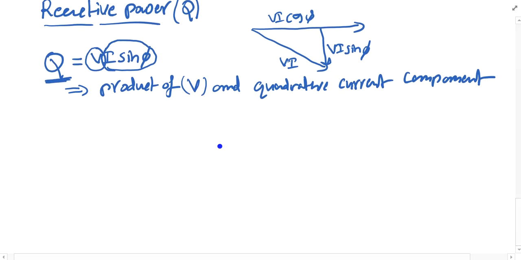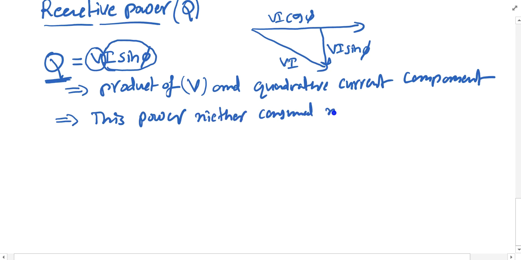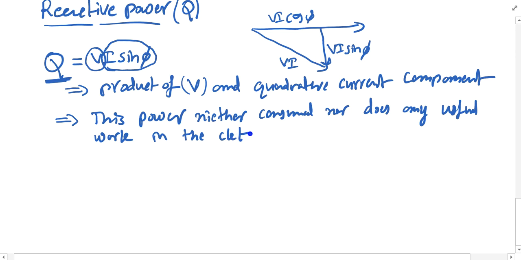What is the significance of this reactive power? This power is neither consumed nor does any useful work in the circuit, because the power consumed by the L or C is reactive power.